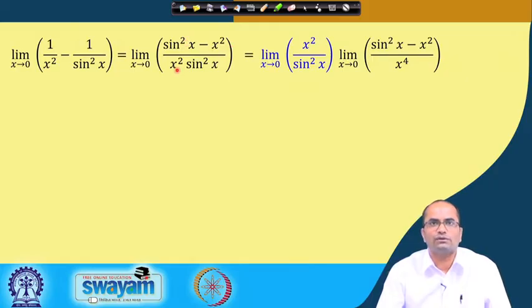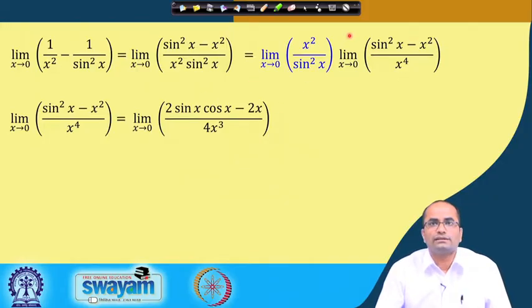There was x square already and one we have divided, so we have x power 4. So, this limit sin square x minus x square divided by x square sin square x, we have rewritten in this form: the limit of 1 over x square sin square x and the limit of sin square x minus x square over x 4.